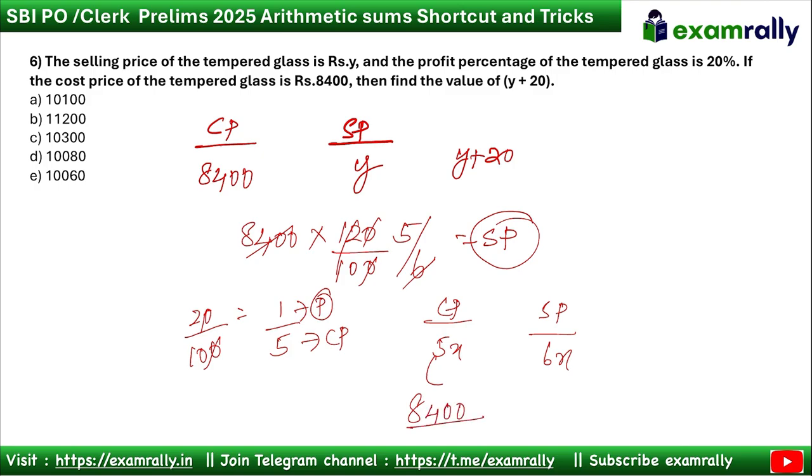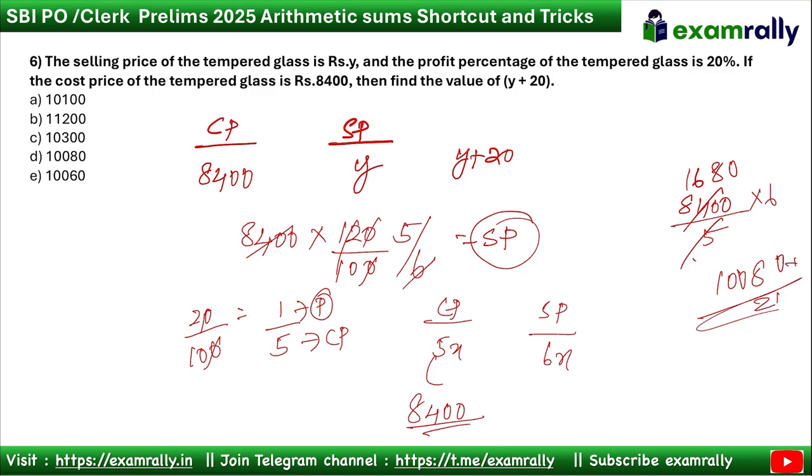That is 8400 divided by 5, into 6, will be our answer. That is 10,080.